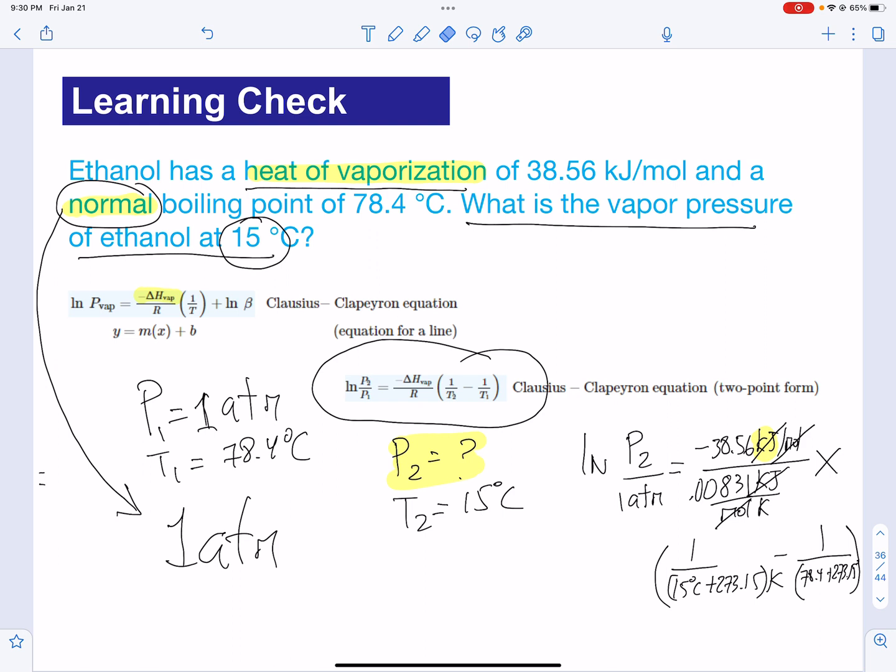But once we multiply by this factor, we're going to get our units of 1 over Kelvin.